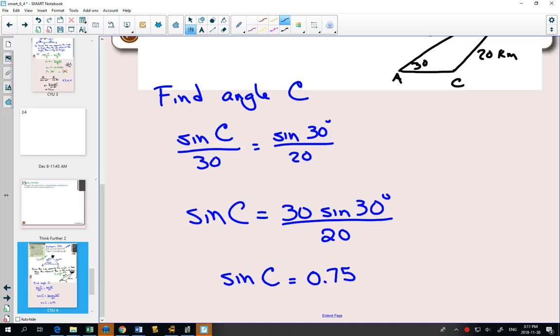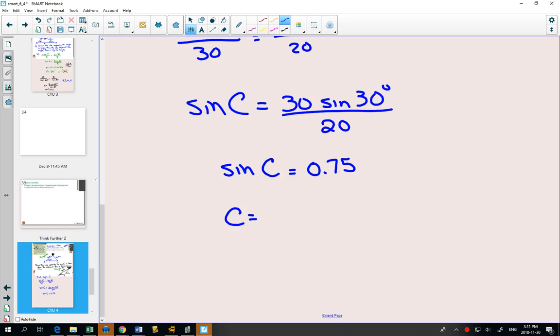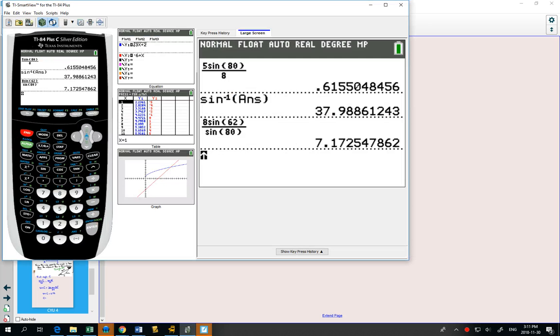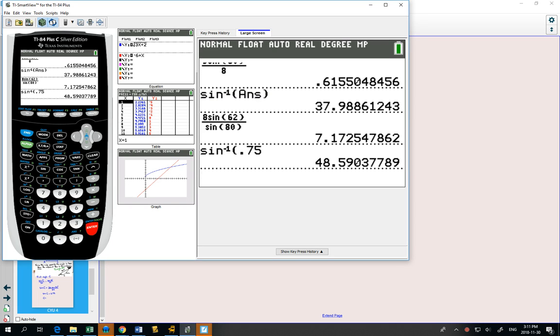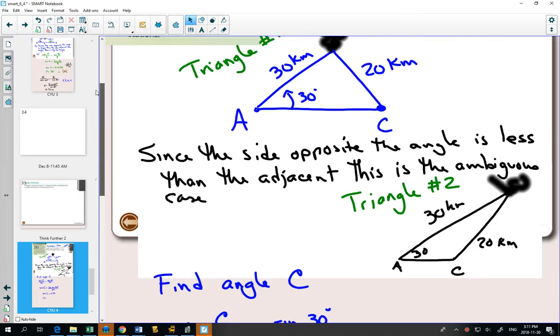Now you're going to need your calculator. C will equal, when I go to my calculator and I go sine inverse of 0.75, I get 48.6. Does it say to the nearest degree here?